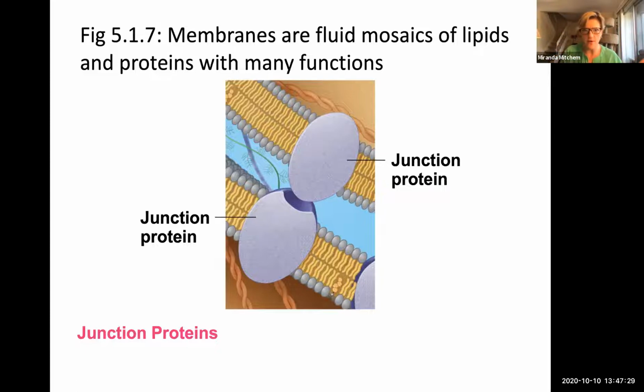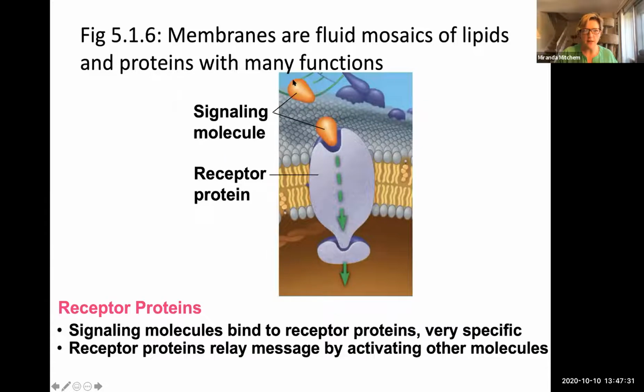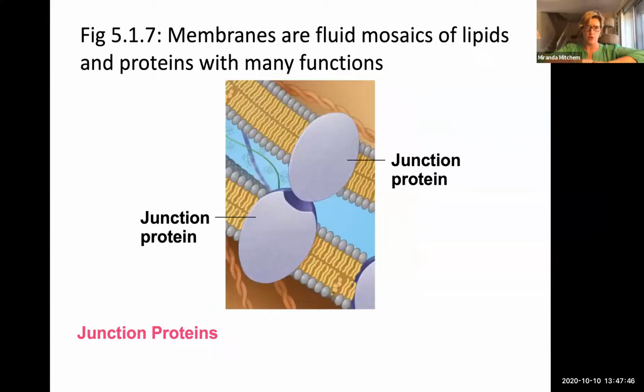I'm going to back up for a moment. The signaling molecule is released. So this is not a direct contact interaction, because the signaling molecule has been released from the cell that produced it. The junction proteins are direct contact from cell to cell.